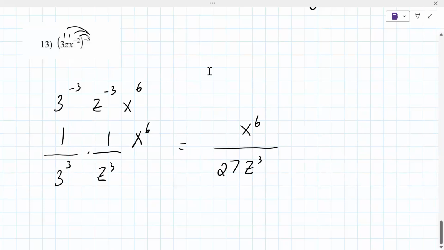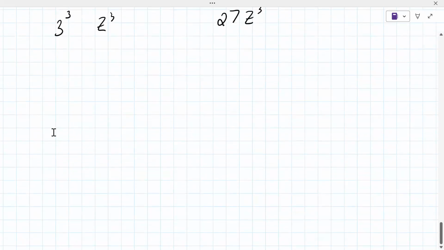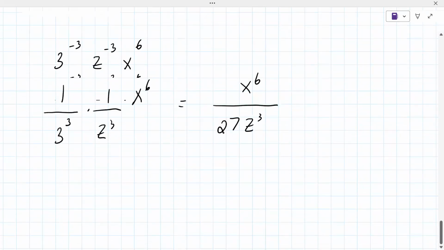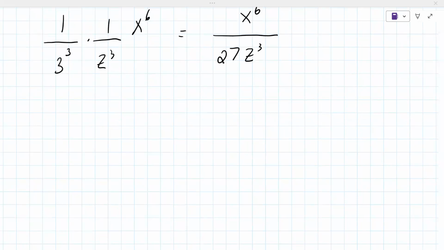So I'm going to give you one to think about here, kind of like this. Negative, sorry, 4x to the minus 2 y cubed to the power of negative 2.